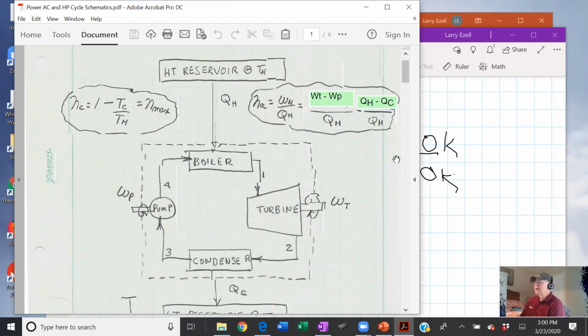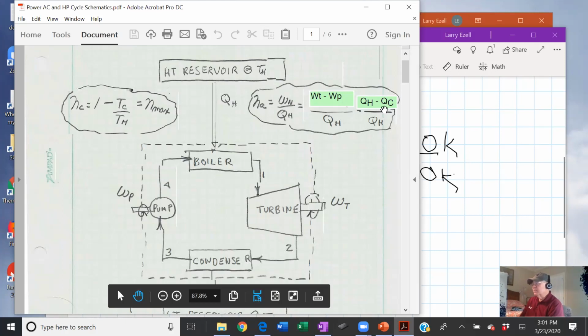But it is also equal to QH minus QC over QH. And again, signs are not so important here, but you have to remember these cannot have the same sign. They have the opposite sign. If we use our definition, this is heat in, so QH is positive.